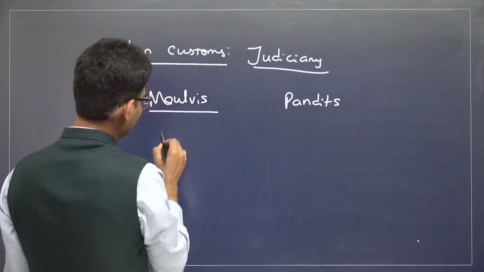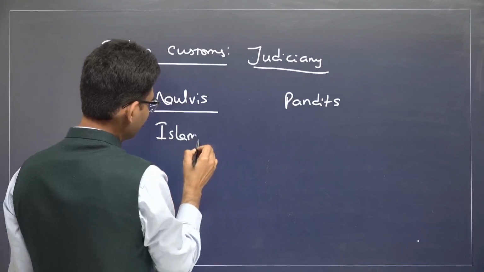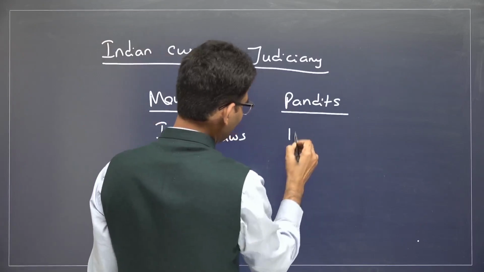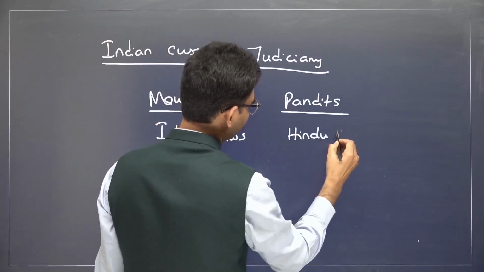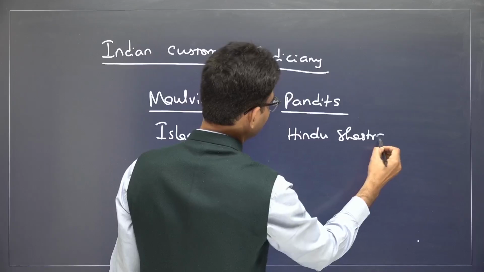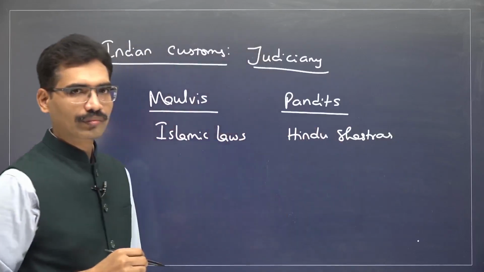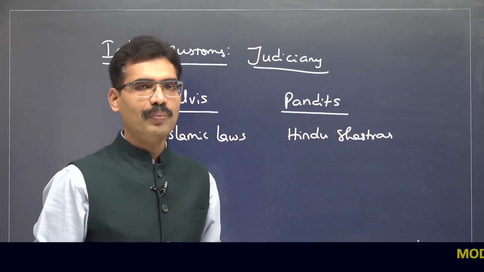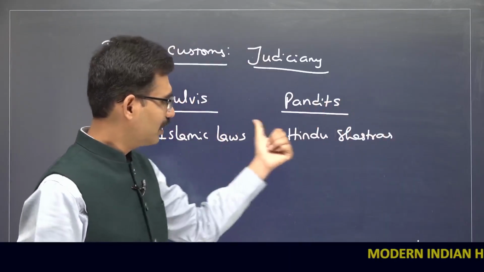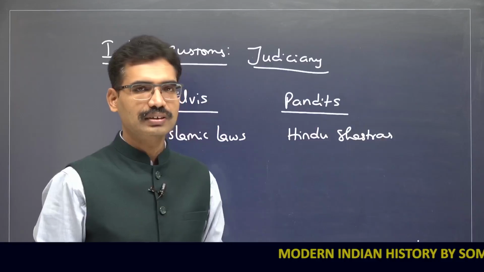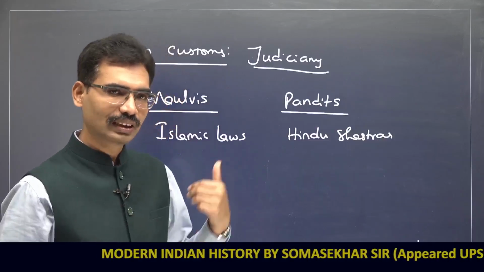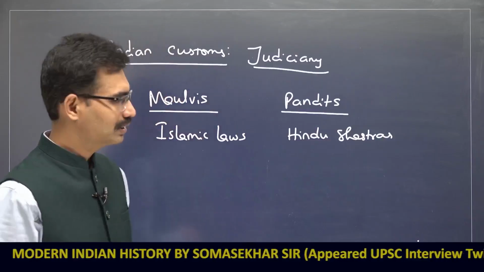Maulvis were dealing with Islamic laws and Pandits were dealing with Hindu Shastras. Like for example, when it comes to property dispute, Islamic law is different, and Hindu Shastras, Mitakshara, Dayabhaga, some kind of Hindu Shastras were there. They were using that kind of system.